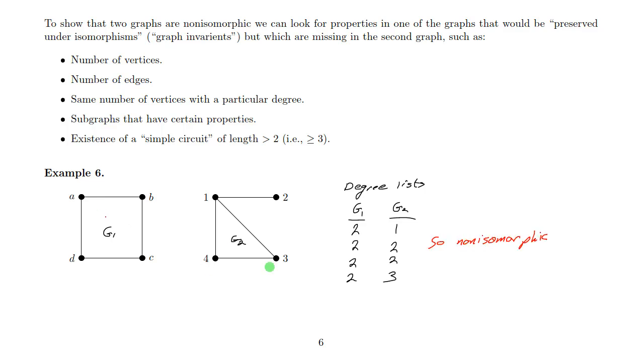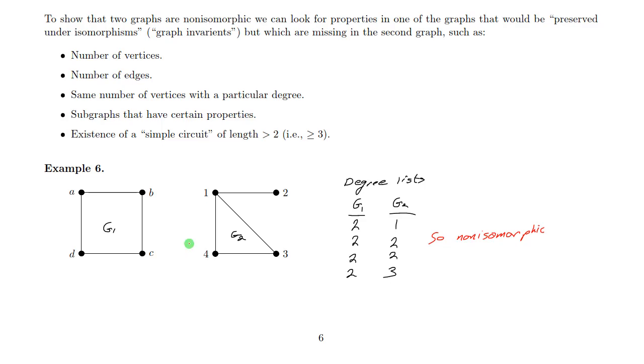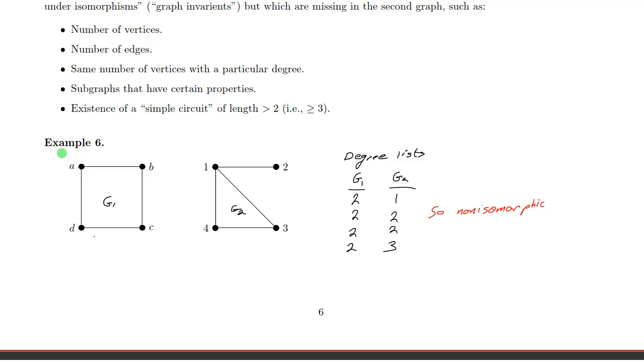If we were to look at, say, the number of edges in both, these each have 4 edges, so that's going to be inconclusive. If they do share a property, then there may be another one that doesn't work out. So same number of vertices, same number of edges, but we didn't have the same number of vertices of a particular degree. Looking at subgraphs with a particular property, if you were to look at all of the, say, degree 2 vertices and form that subgraph, and we'll keep all of the edges that we had in the original one.